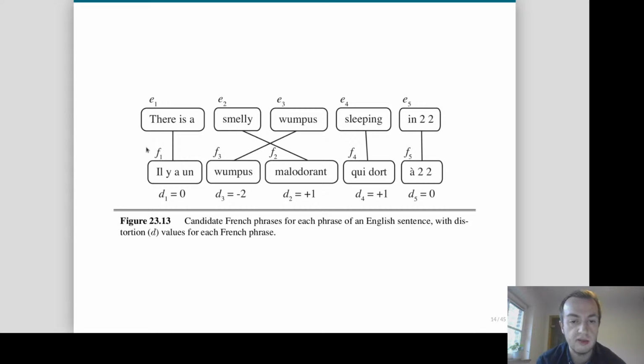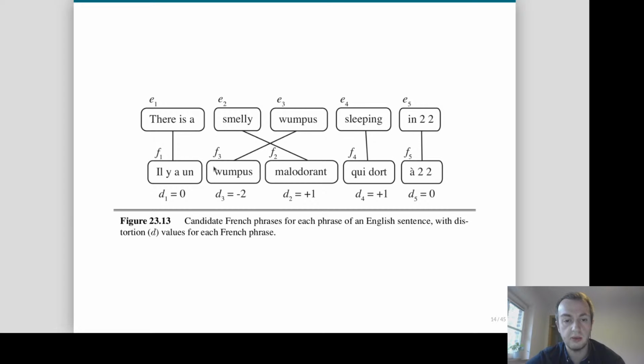There could be several of them, but let's say the ones that we pick are il y a un for there is a, then malodorant for smelly, wumpus for wumpus, qui dort for sleeping, and dans la cellule deux for in 2. Right?